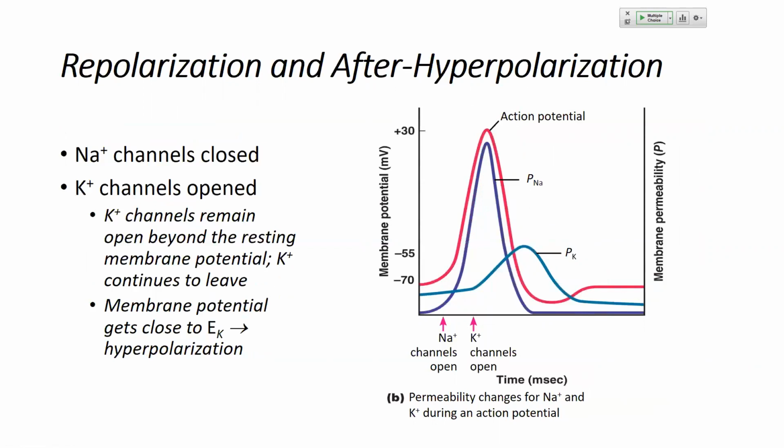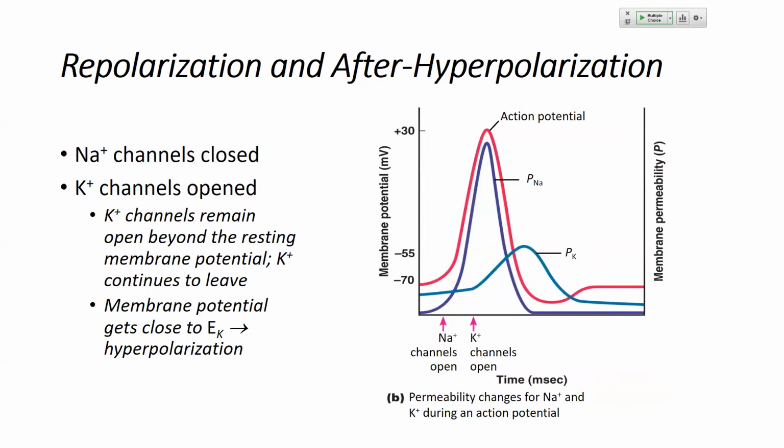Okay, so then the potassium channels remain open beyond the resting membrane potential, and potassium continues to leave the cell. We hyperpolarize all the way down, and we get close to the equilibrium potential of potassium, which is negative 94 millivolts. So these are the ending events of an action potential.